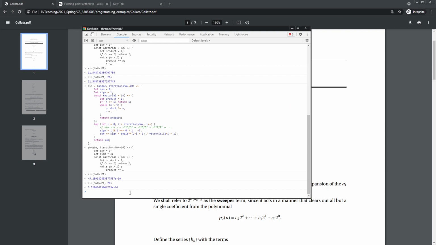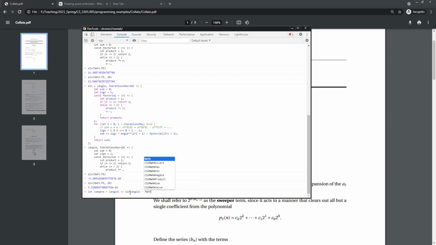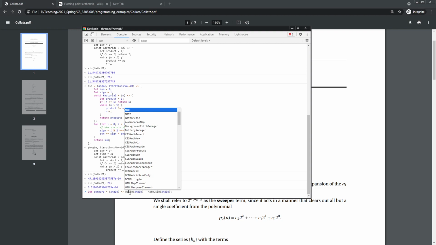But we can compare the values of our custom sine function. Compare. So we take an angle, and then we return sine of the angle minus the built-in of the angle. And then we could do an absolute value if we cared.